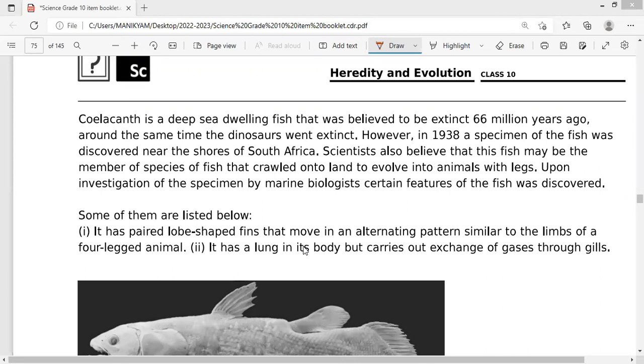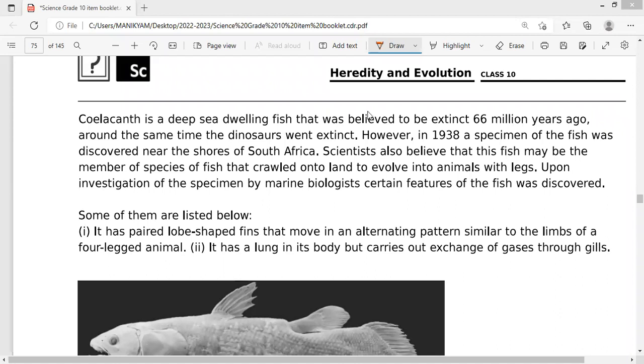Rahul. Sir, homologous organs have the same structure but different function, and analogous organs have the same function but different structure. Yes or no?